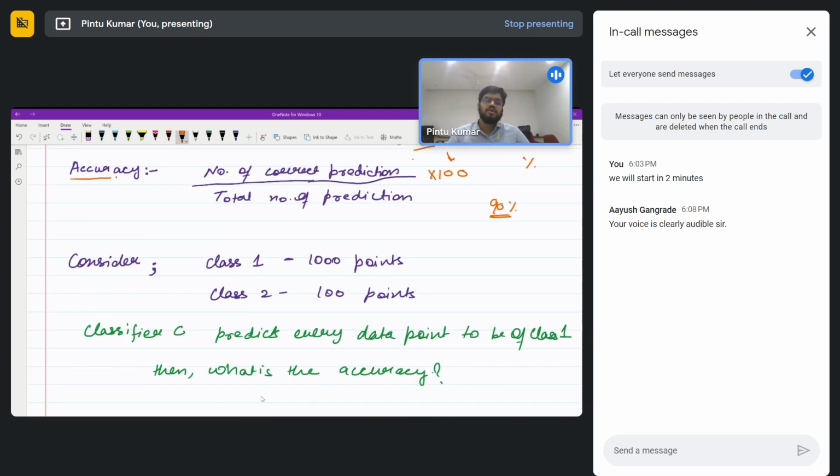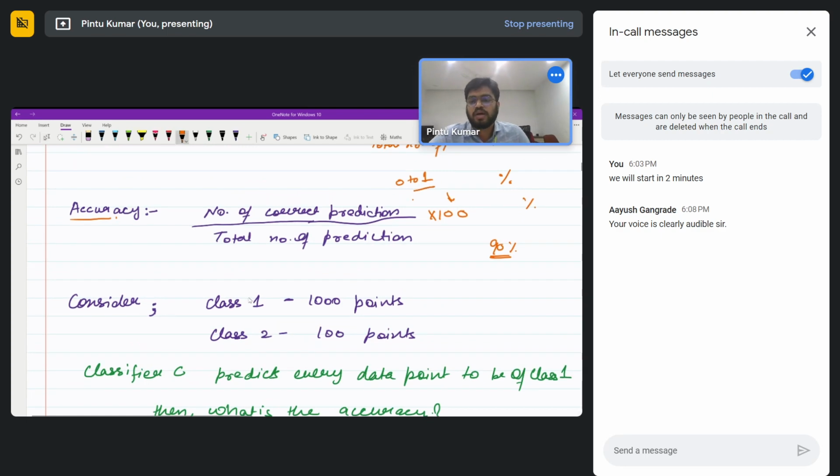Now consider a very simple situation where you have a classifier. Let's call that classifier F. What is this classifier doing? This classifier is assigning every data point label 1.